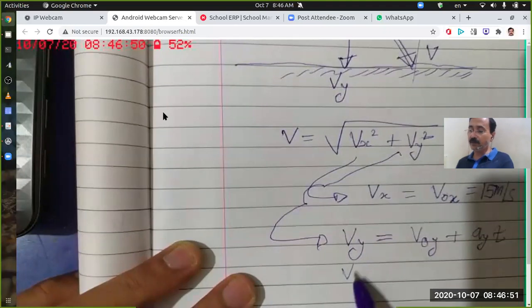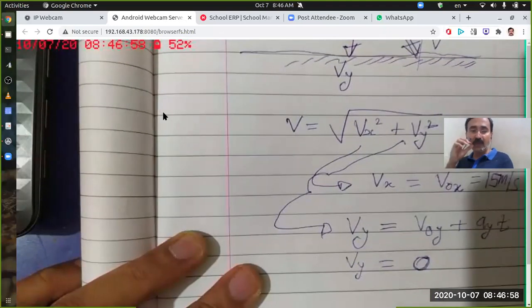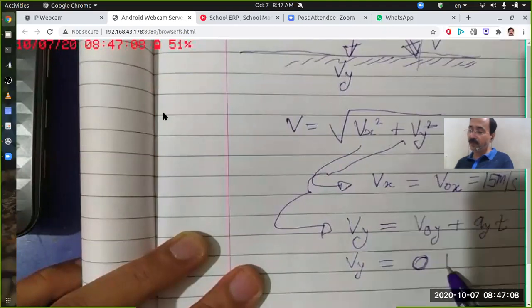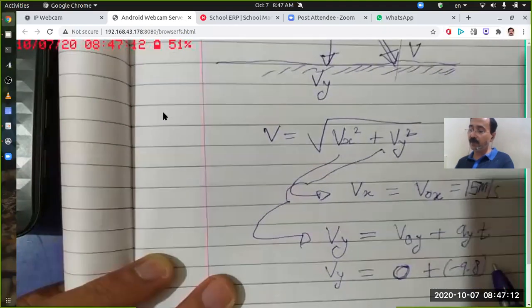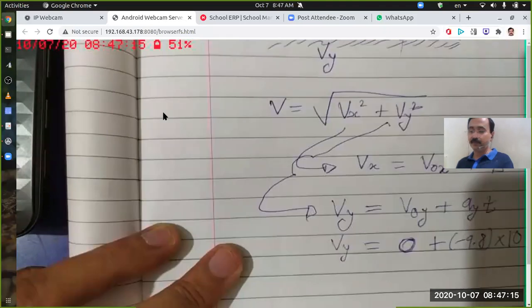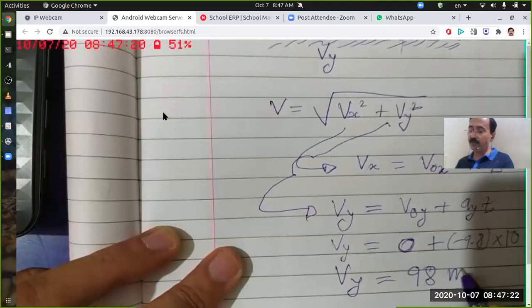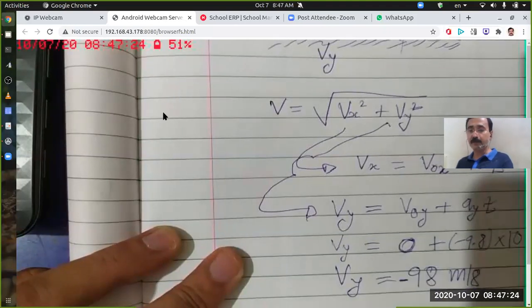So final velocity is equal to initial velocity plus acceleration times time. Initial vertical velocity is 0. Acceleration is negative 9.8, t we already got 10. So vy equal to 98 meter per second. But which direction? Downward.